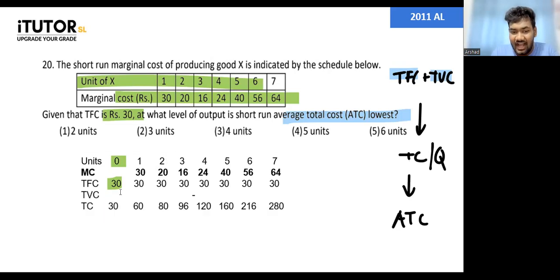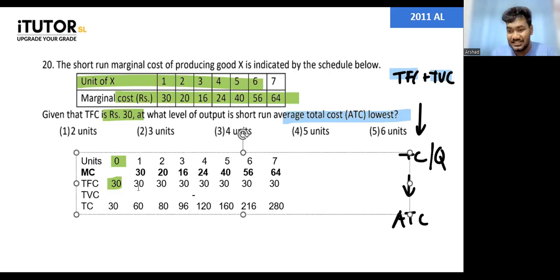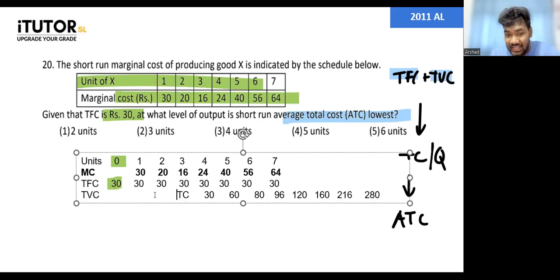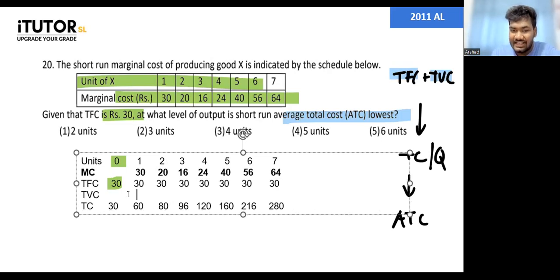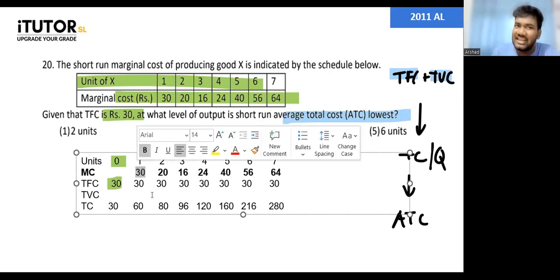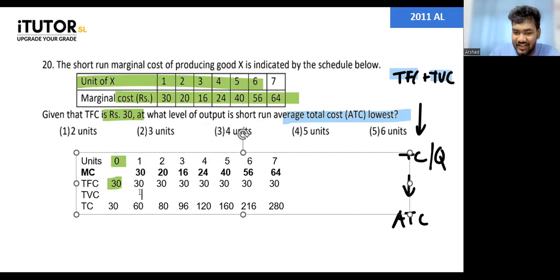And then how do I get the variable cost? I'll just show this because you can use this for another question, because if another question says find the average variable cost. So variable cost, guys, remember, is the addition of the marginal cost. So when you have 0 units, there is no variable cost. When the first student comes, your marginal cost is 30, means that is the variable cost. So total variable cost here is 30.